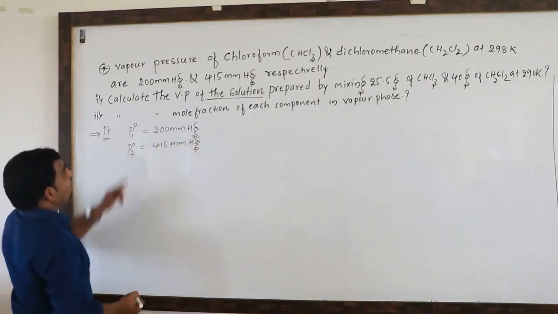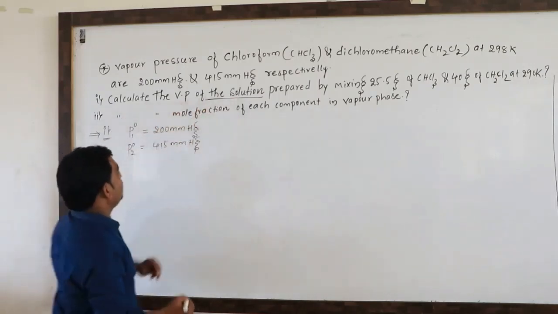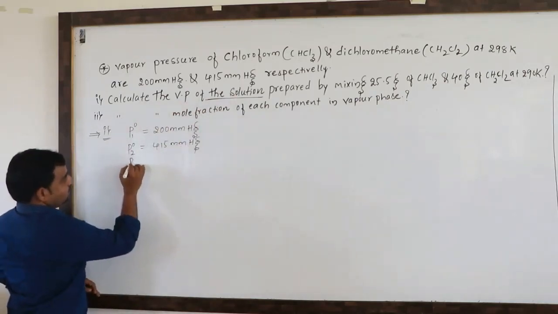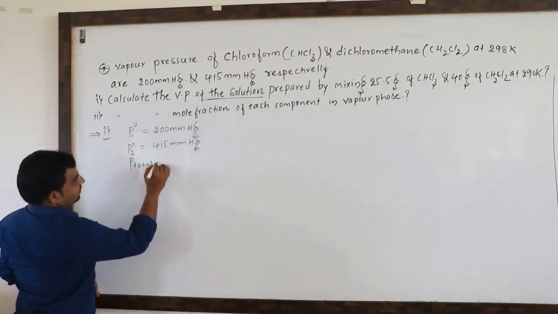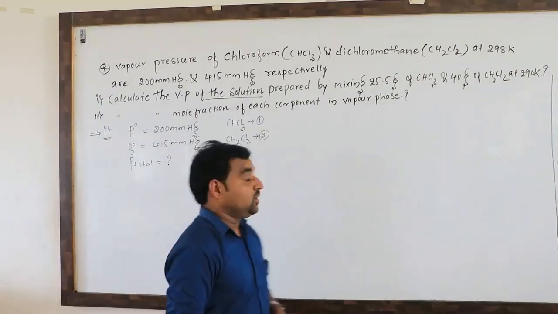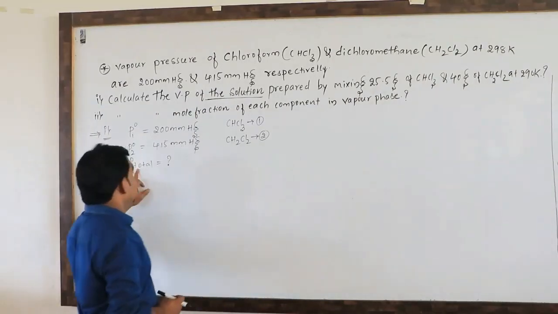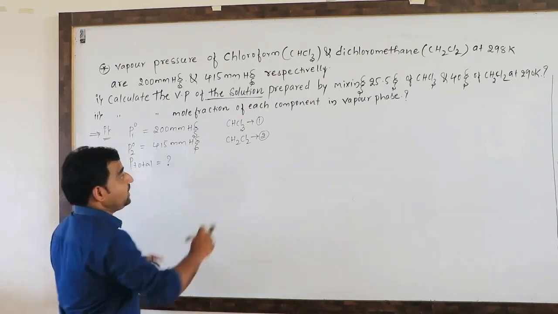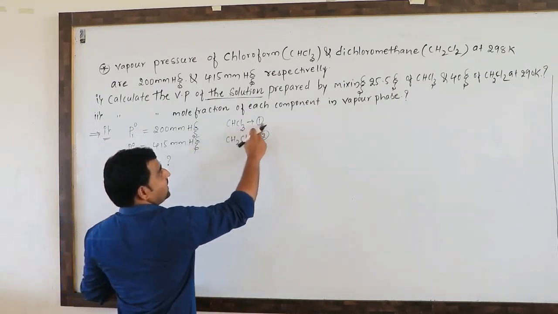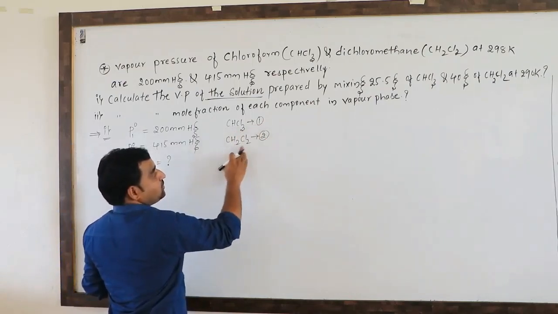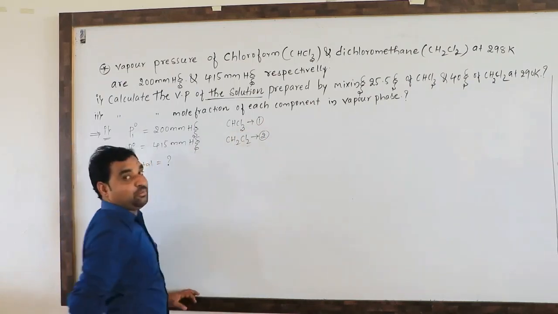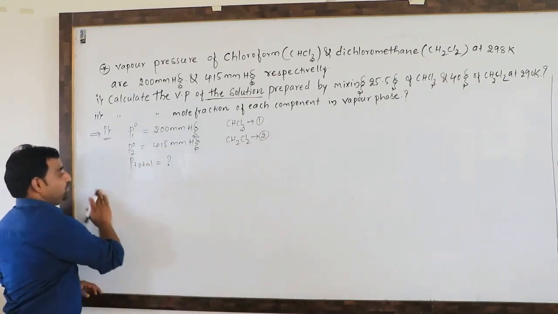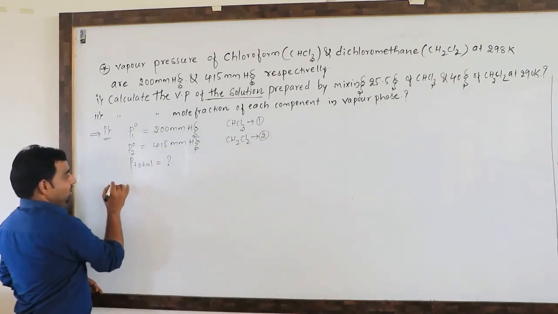We have to calculate the vapor pressure of the solution, that is P total is equal to question mark. Yes, we have to calculate P total, the total pressure of the solution. Here CHCl3 is taken as the first component and CH2Cl2 is taken as the second component. Now what is the mathematical formula of Raoult's law?